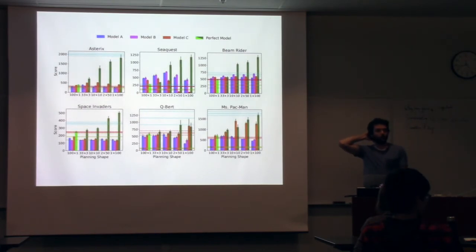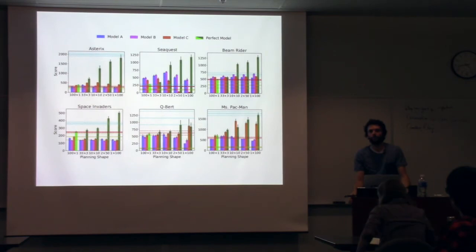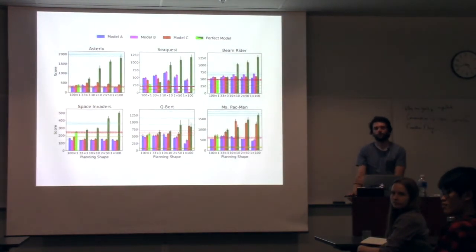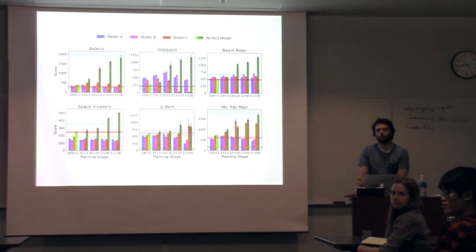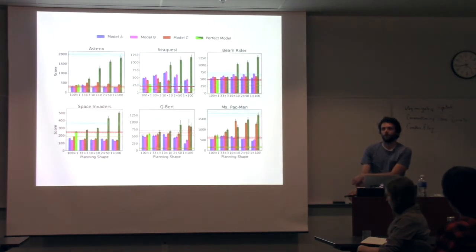Yes, Nico. Just to follow up on that, the explanation makes sense to me if you look at the learned model shapes, but if you look at the perfect model, the best thing to do is to take the longest trajectory that you can, within your budget. Do you think that if you have much greater than 100, you will see a similar curve shape, like you sort of mentioned?